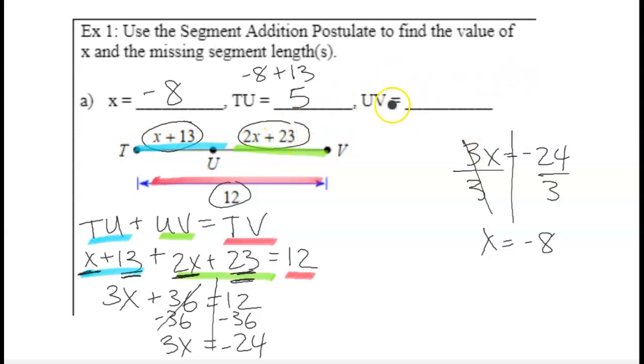From U to V, which is 2x plus 23, that's now going to be 2 times negative 8 plus 23, or negative 16 plus 23, which is 7. So here is 5, here is 7, and that does add up to 12. Checking out with that postulate that I used to begin.